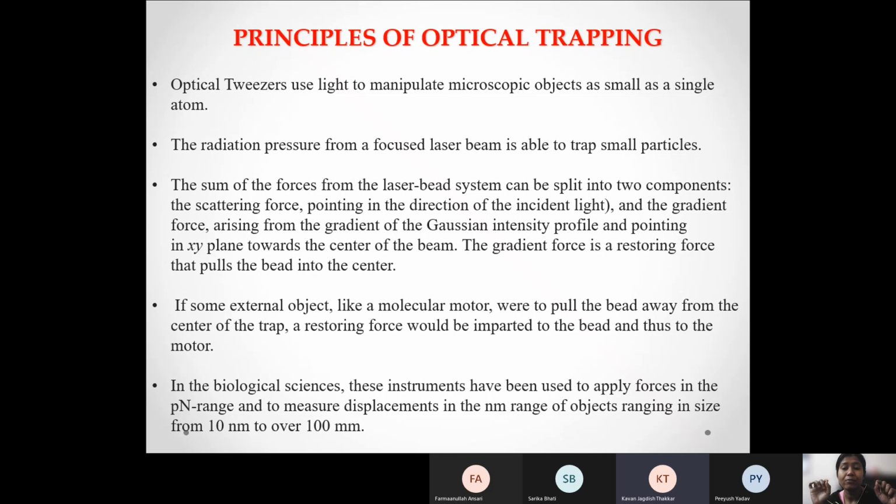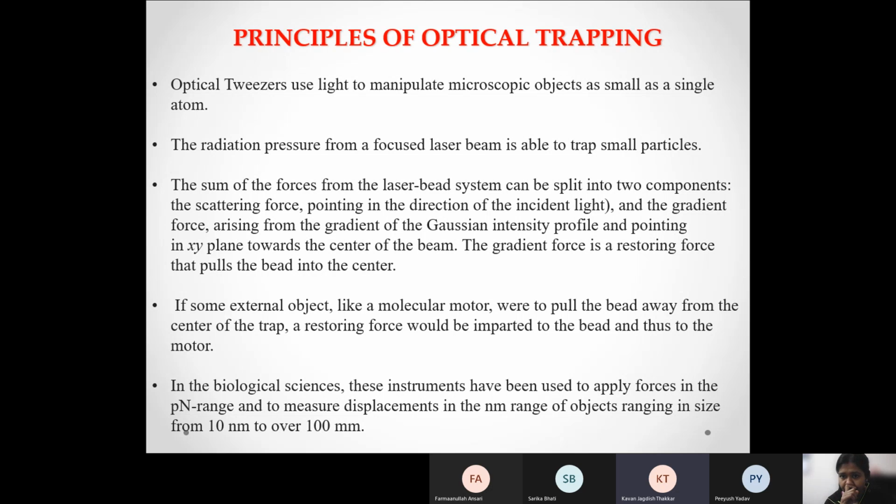So that's the reason we are so interested in optical tweezers, because it gives us a way to hold things. And not just that, it also gives us a way to measure things. So we will come to that.